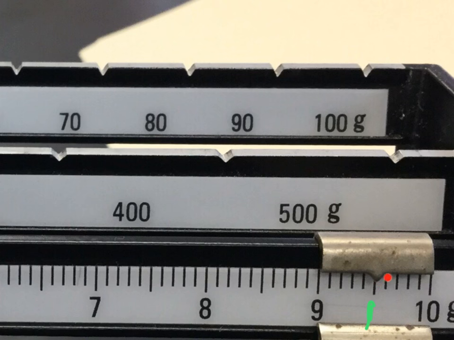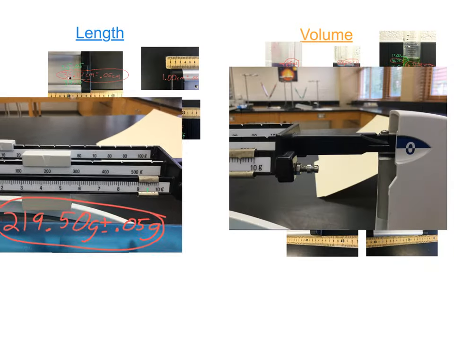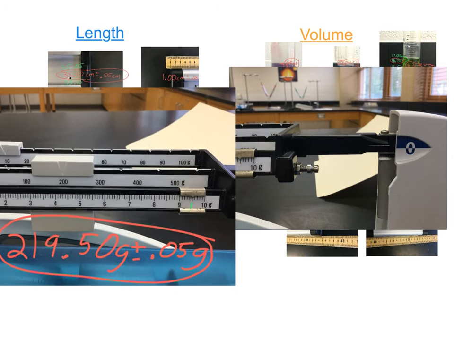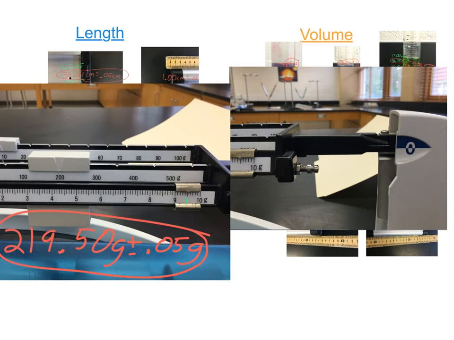It could have been at the 0.6, let's say. That would have been 219.6, but I'm allowed to measure with an analog instrument down to half the smallest tick. Halfway between would have been 219.55, and I'm trying to indicate that's not the case, significant figures. I need to actually indicate that it is right on, or at least closer to, the 0.5, so I say 0.50 to point out that it's not halfway between.